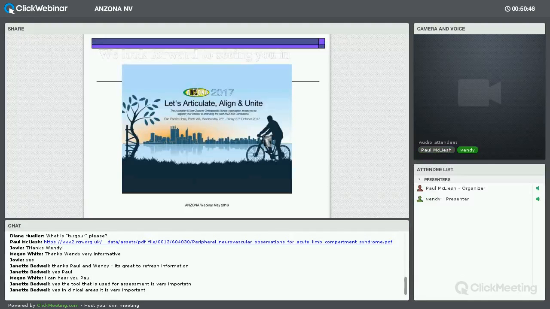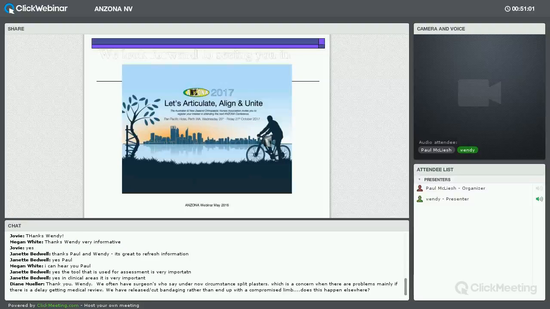So try and push for that. Look at that resource from the RCN and have a look around and see what's around. Having a good neurovascular chart is certainly very, very important, and it's something that we can share.